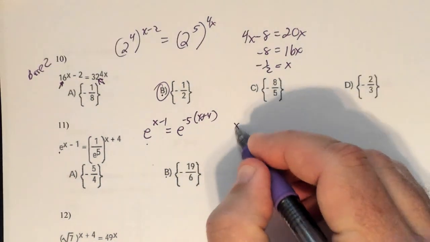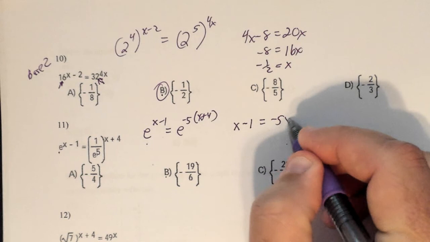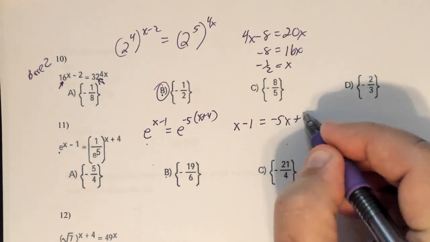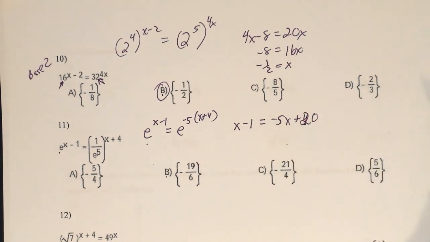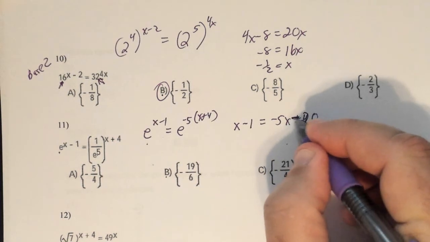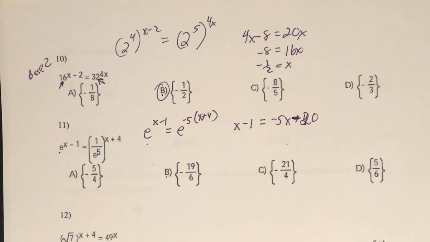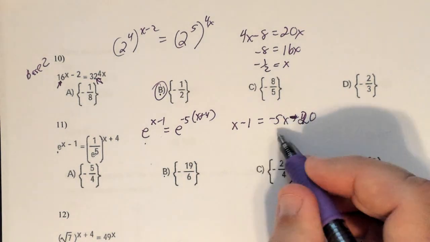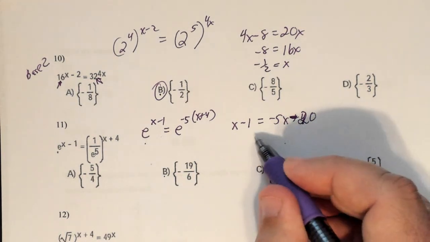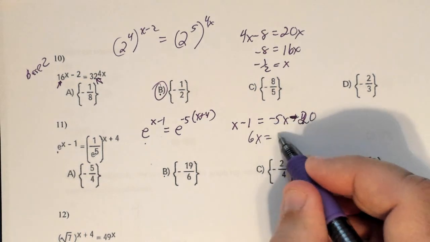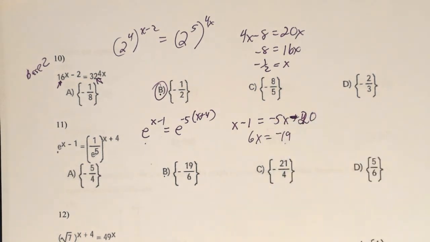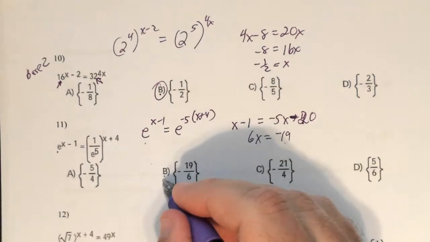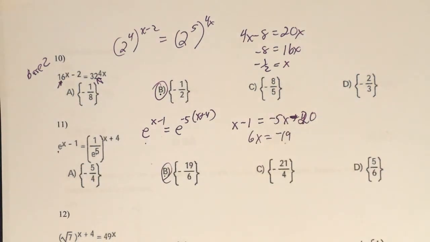So that means x minus 1 is going to equal negative 5x minus 20. So I'm going to bring the x, the 1 over, and the 5x goes the other side. So 6x is equal to negative 19. Divide by 6. I get negative 19 over 6.